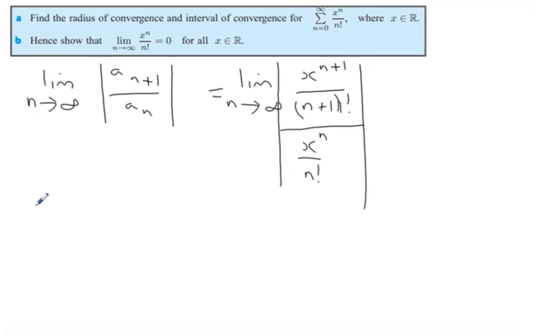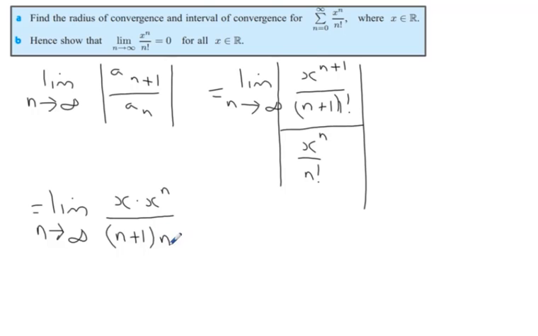So that can be rewritten, quite a lot of rewriting we can do. As the limit as n approaches infinity of, well, x to the n plus 1, we're going to write that as x times x to the n. And then we're going to write the n plus 1 factorial as n plus 1 times n factorial.